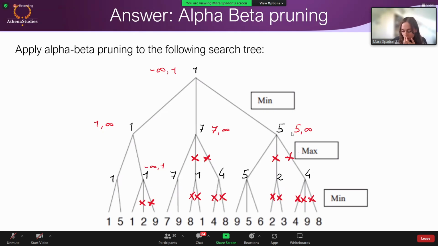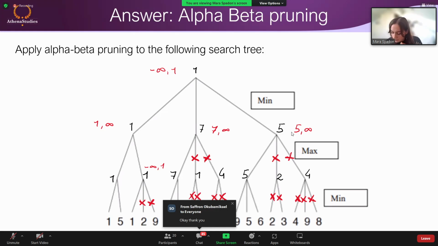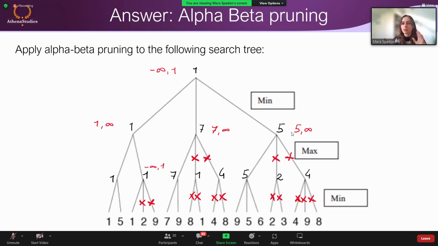I can check maybe if the mock exam was kind of similar. Let me see. So there it says 27. 27, so I would say around 20 to 30.